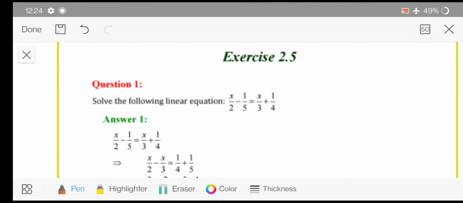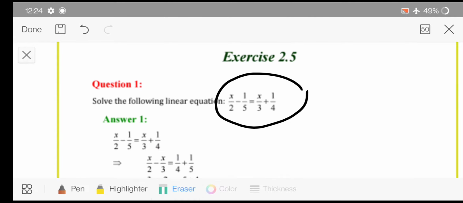Here, as you can see, this question is in the form of rational numbers, or I can say fractions. So we need to follow the steps of fractions also, meaning how to add and subtract fractions. Meanwhile, we will follow the steps to solve the equation also.